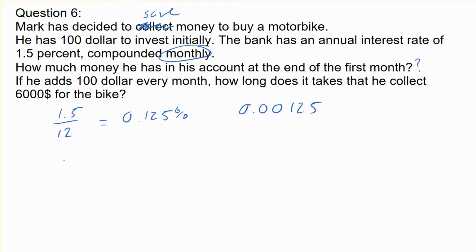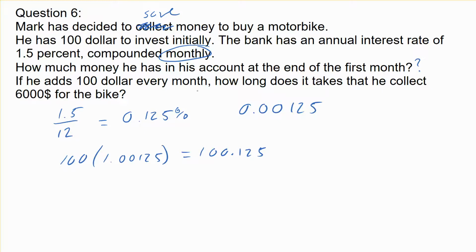So that's just straight up the 100 times 1 plus, 1.00125, which is of course just $100 with an eighth of a penny behind it. Which is realistic. Like, you're not going to gain a lot of interest on $100 at 1.5% monthly.